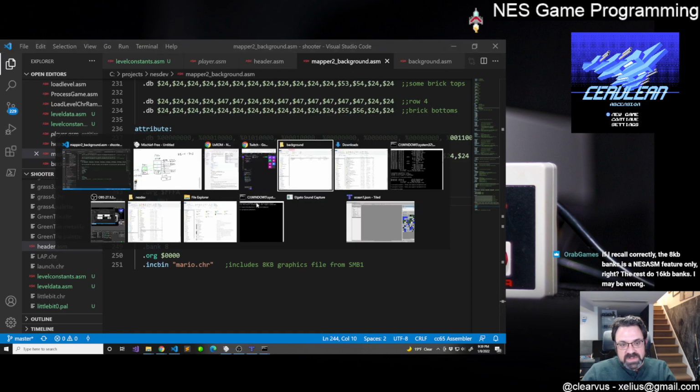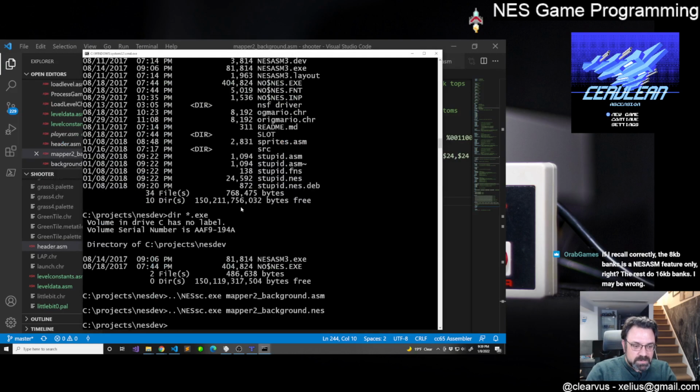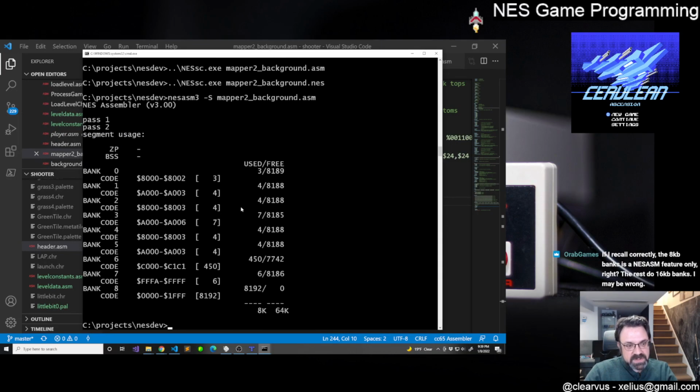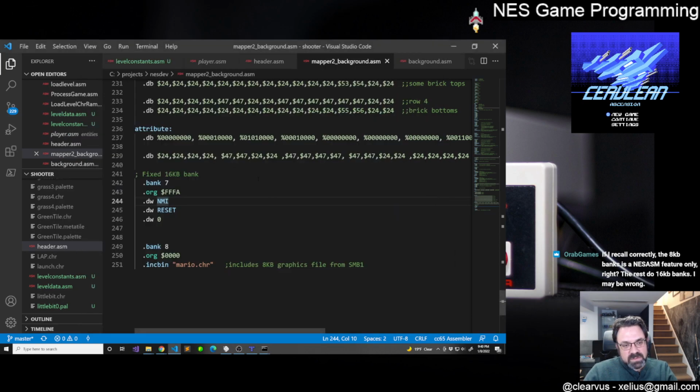Now, one nice thing about what NESASM can do for you is you can actually see how that works out in your code by using -S, and it'll break down what the usage of each bank is. And again, you'll see they're all 8K. So for each of these banks, we only have a few instructions to identify. They're not even instructions.